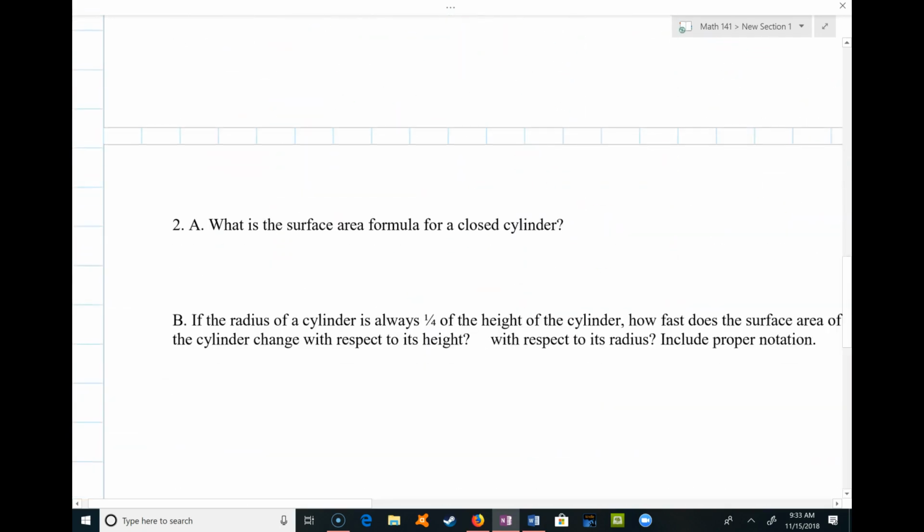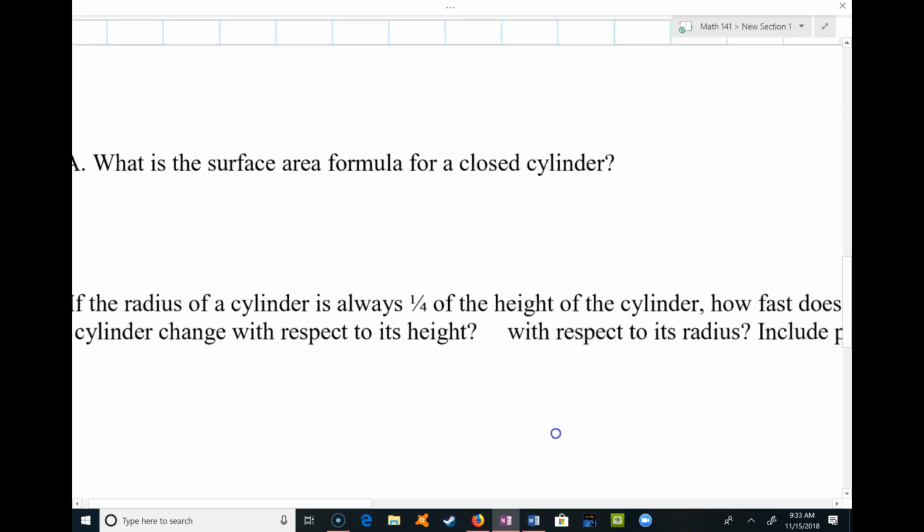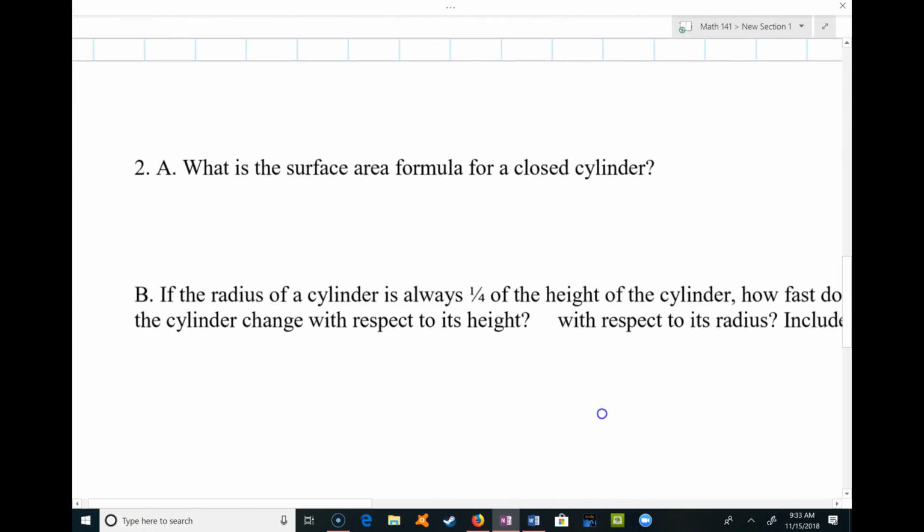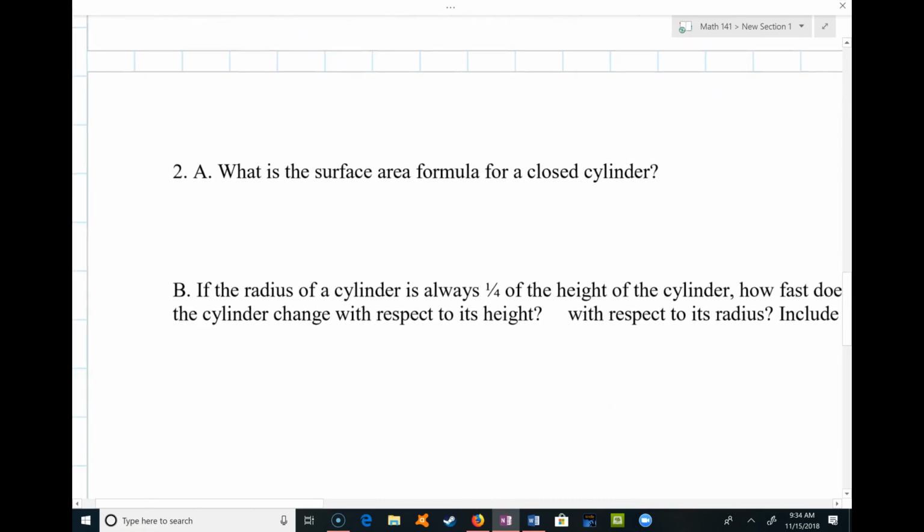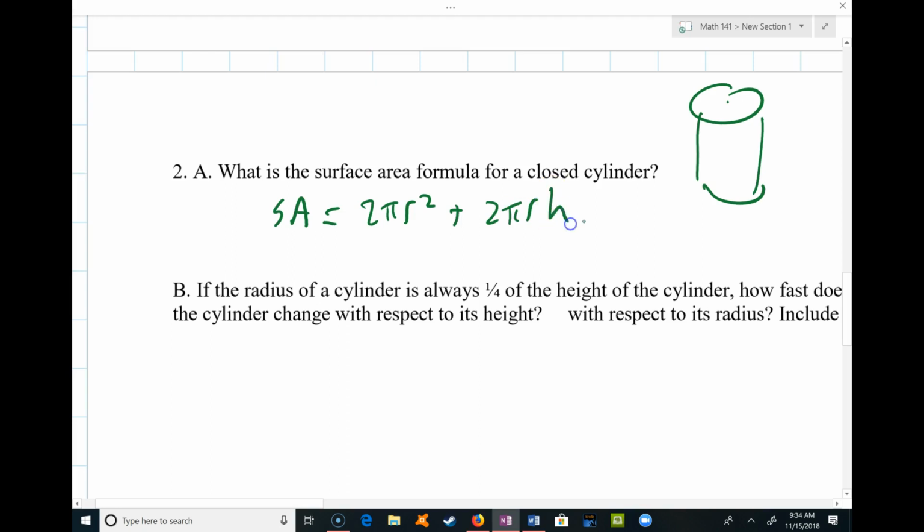This is so fun. What is the surface area formula for a closed cylinder? I don't know. Oh, actually I do. Okay. Closed cylinder, that's one of these guys. Closed just means it has a top and bottom. So that would be 2 pi r squared, because the top circle and the bottom circle, plus 2 pi r times height.